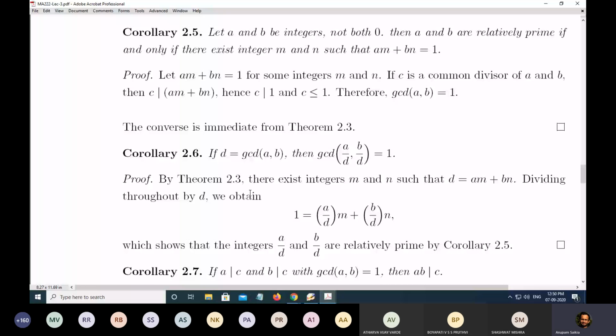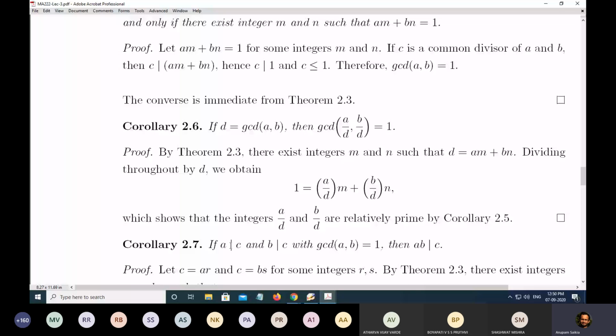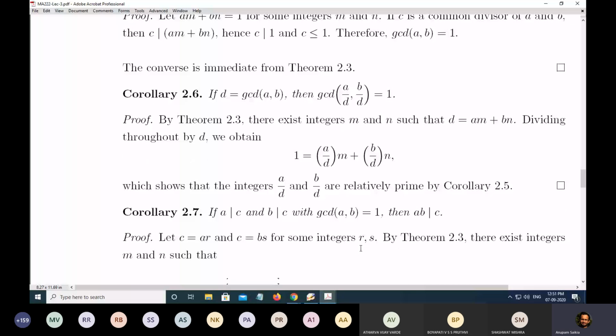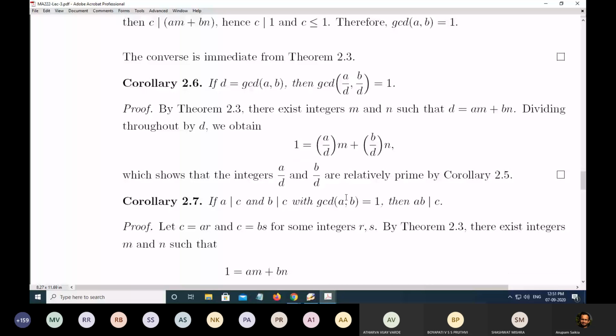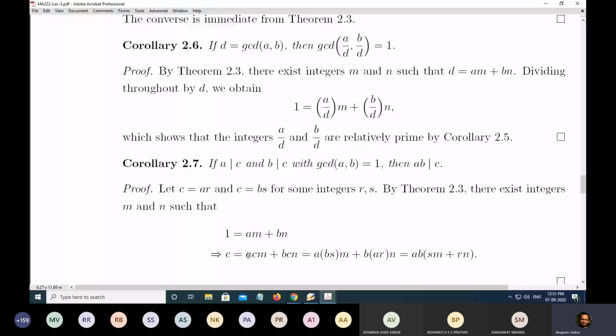And when they're co-prime, it is easy. So what do we do? Since C is a multiple of A, C is AR. And C is a multiple of B, so C is BS. When the GCD is 1, I can write 1 as a combination of A and B. To look at divisibility of C, you multiply both sides by C. So you get C is ACM plus BCN. But in one term you replace C by BS, and in the other by AR.